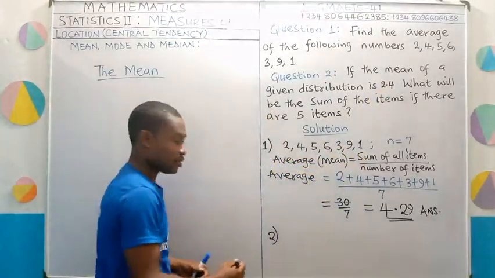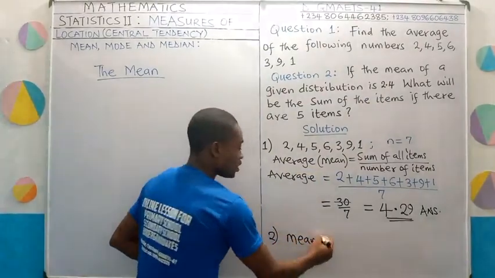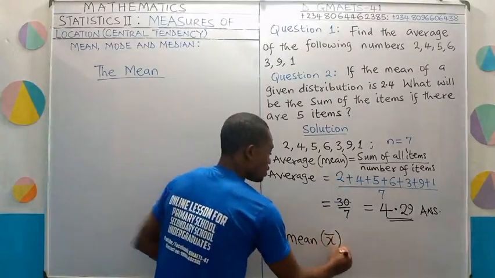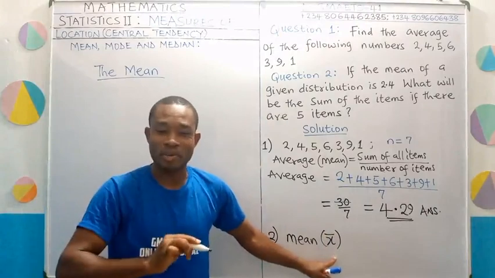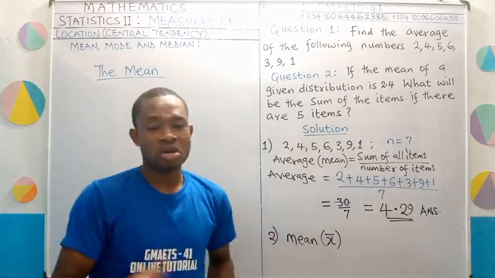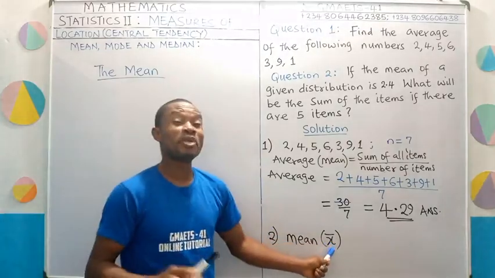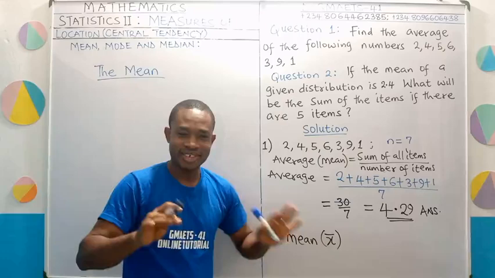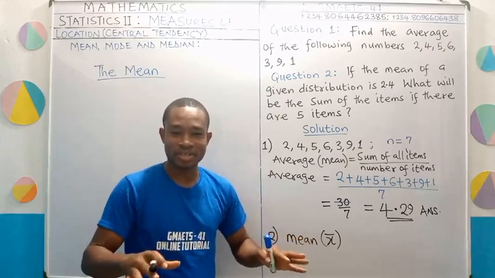So I'm going to write the average or mean. We use this symbol to represent the mean as well, x with something like a minus on top. We pronounce it as x bar. So if you see that, this thing represents the mean whenever you see it in statistics, data collection.